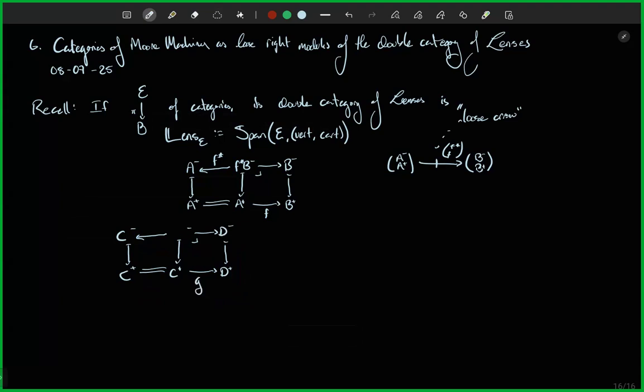This will be G, let's say. This will be G star, D minus, and this is G sharp to C minus. Again, another one, a map between these. So this down here would be something like C minus, C plus, D, C minus.